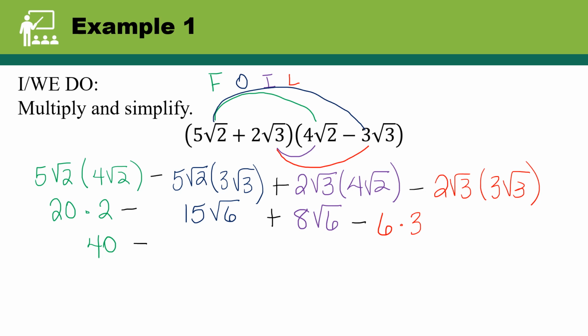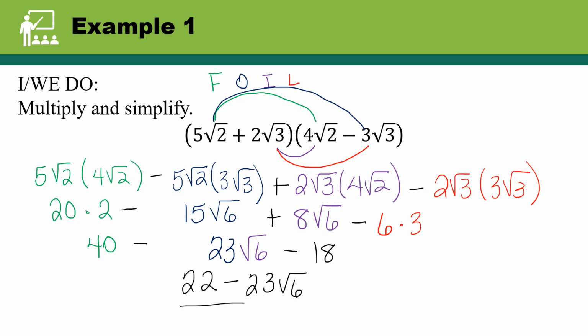So that's going to be 23 times the square root of 6 by combining those like radicals, and then minus 18. 40 minus 18 is 12. I'm sorry, 22, and then minus 23 square root of 6.